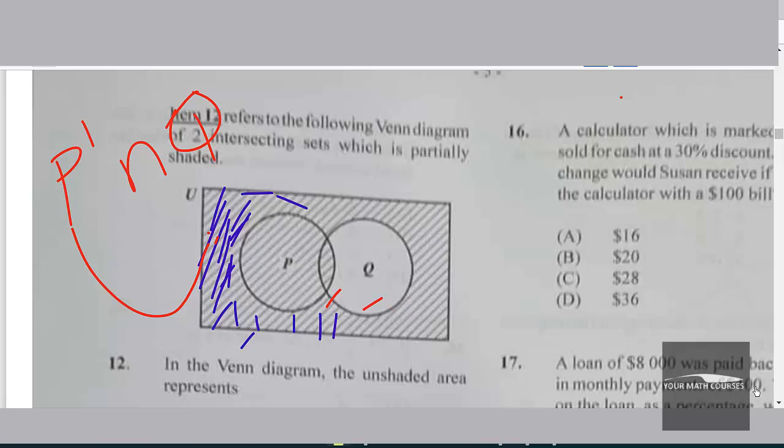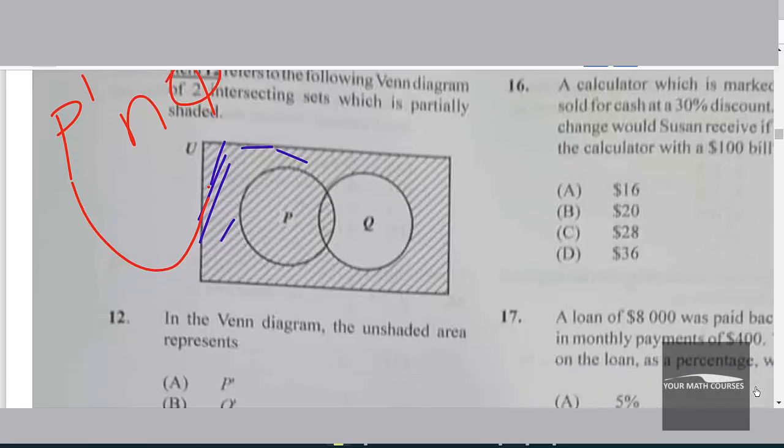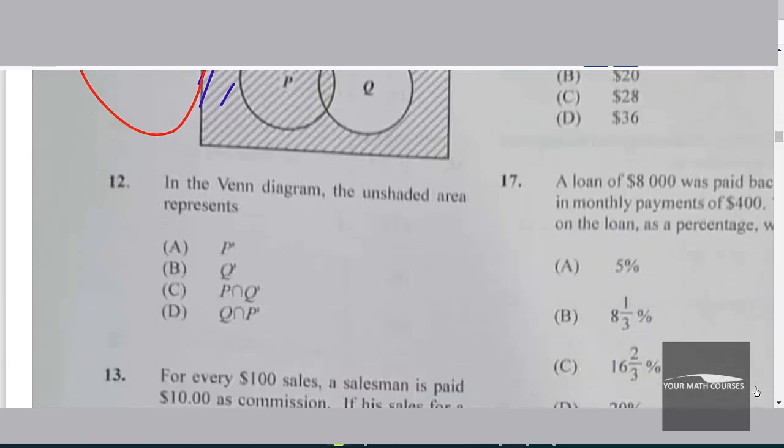So the unshaded region is P prime intersection Q. So the correct answer is D. P prime intersection Q. Option D is correct. Or Q intersection P prime.